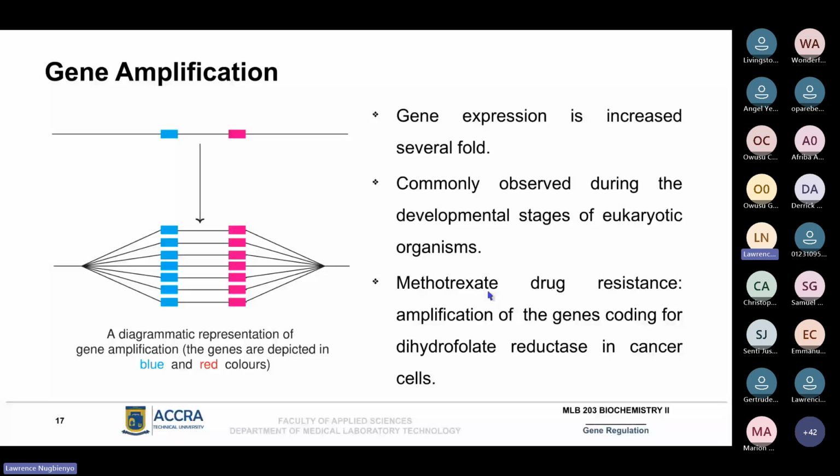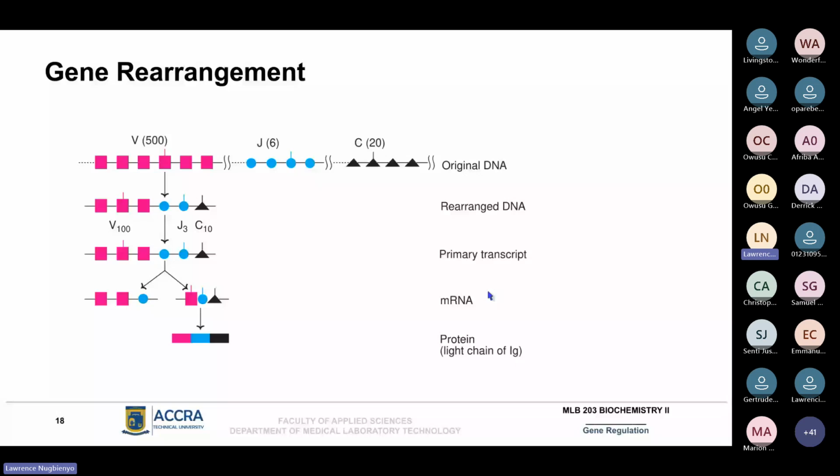All right, then you also have in eukaryotes what you refer to as recombinant DNA, I mean, rearrangement of genes. The eukaryotic cells have this ability to rearrange the genes, so what it means is that if you have a certain sequence of genes that is giving you a specific protein, the system is able to rearrange this sequence in a way to give you a different protein altogether.